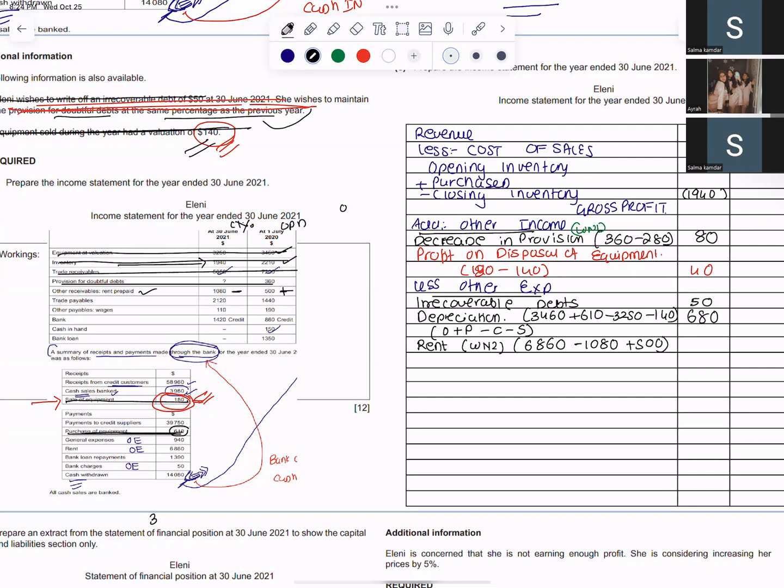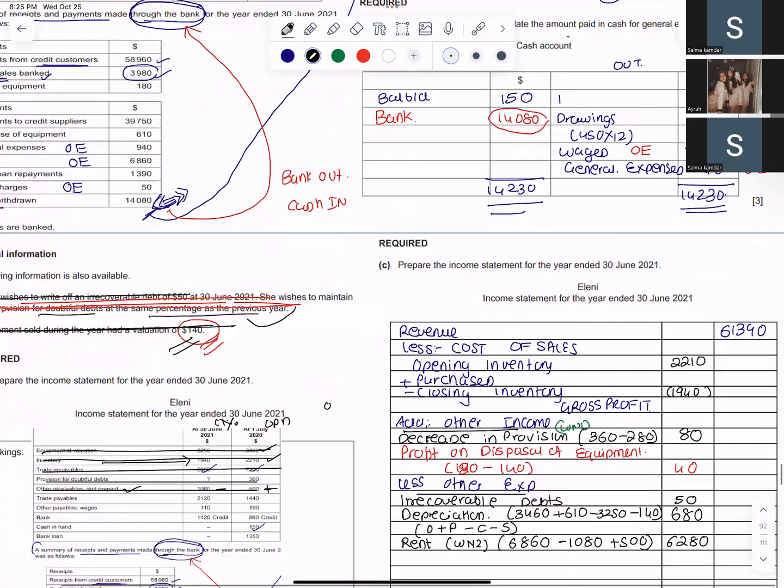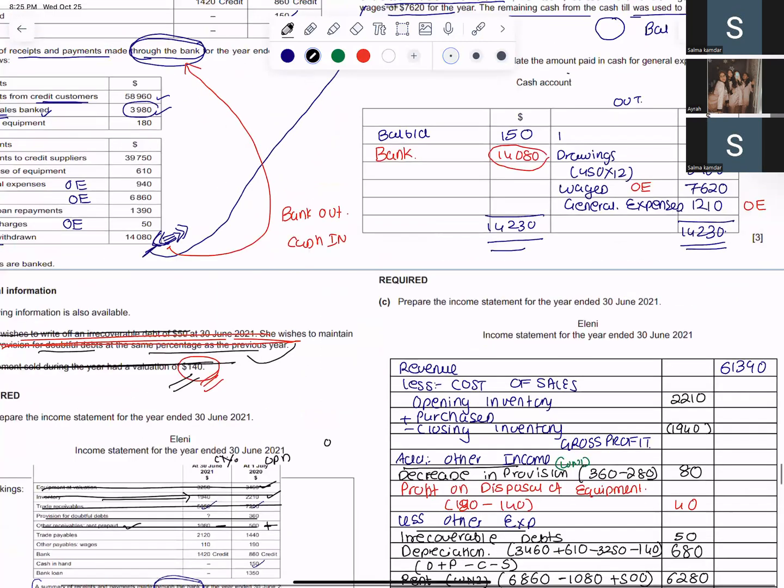So what is the amount? 6280. Other receivable rent prepaid is already adjusted, right? Anything in cash for rent was there? No, there was no rent in the cash account.